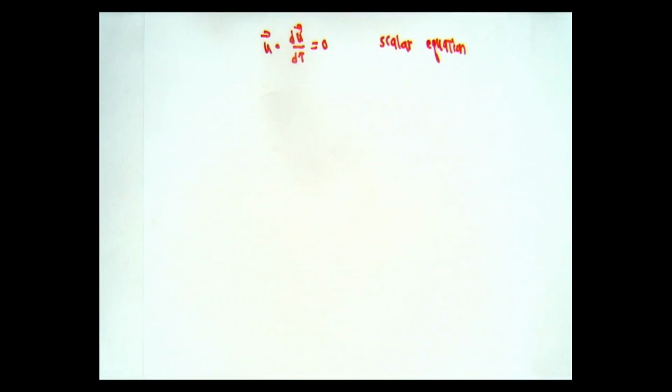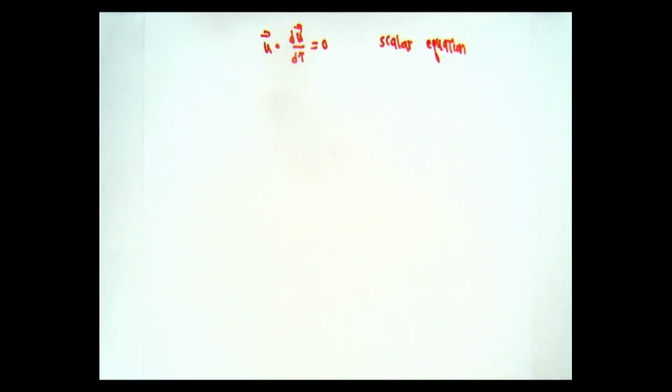To foreshadow an argument that we're going to use many times, this is a scalar equation. The dot product is frame invariant. If the dot product is 0 when calculated using the coordinates of one inertial frame, then it's 0 when using the coordinates of any inertial frame.